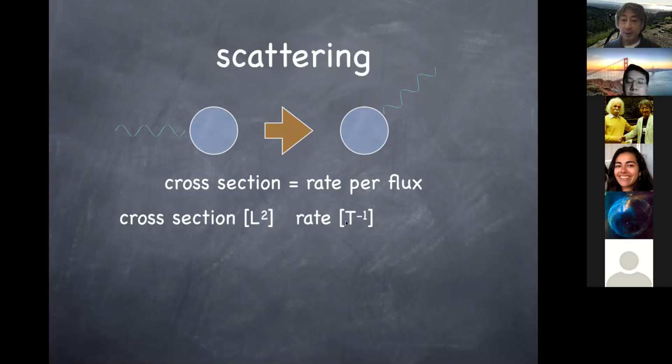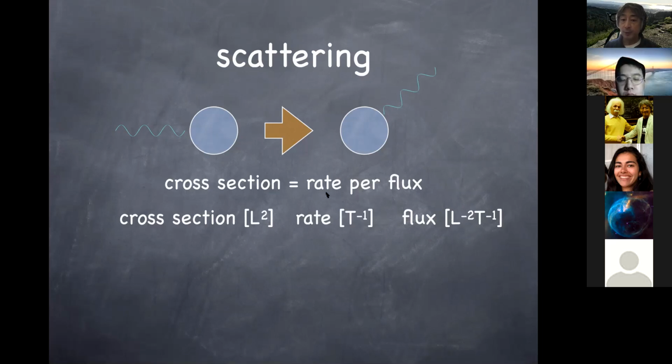That's because the rate of the transition has the unit of inverse time, but the flux of the photon is how many photons you send in per unit area per unit time. So the flux has the unit of inverse squared length and inverse time.